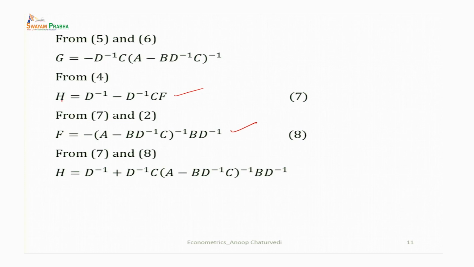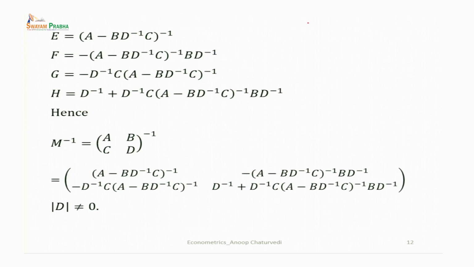So, you get H equal to D inverse plus D inverse C (A minus B D inverse C) whole inverse B D inverse. So, you get these values of E, F, G, H, and from these values you can get the value of M inverse. You replace E by this matrix, F is equal to this, G is equal to this, and H is equal to this. Here we assume that D is a non-singular matrix.